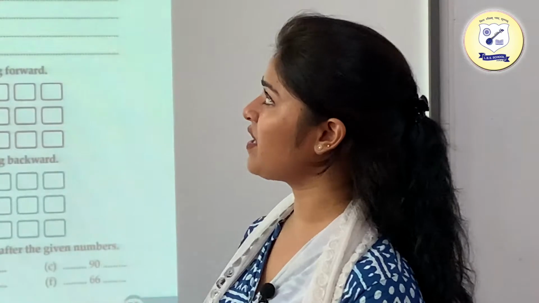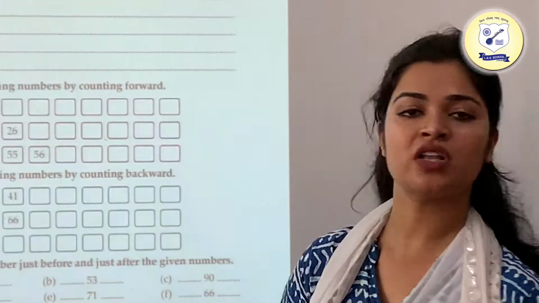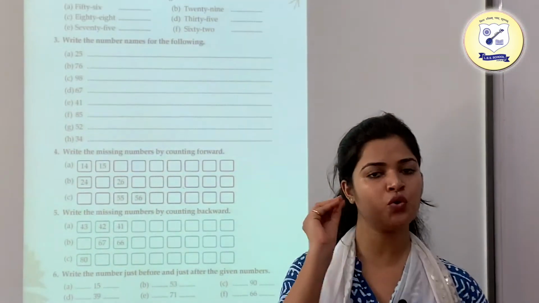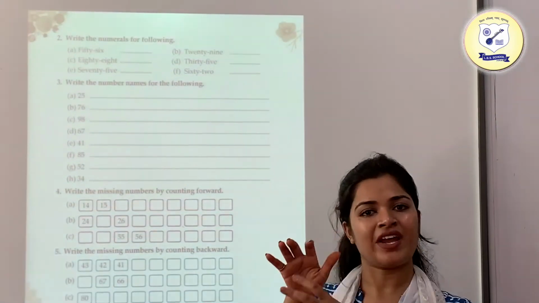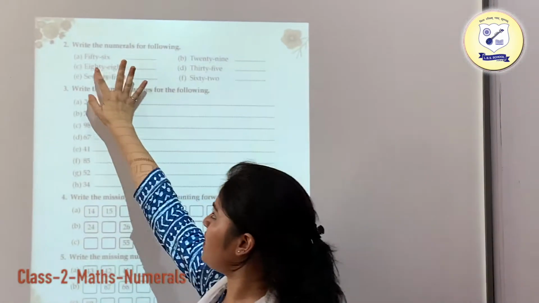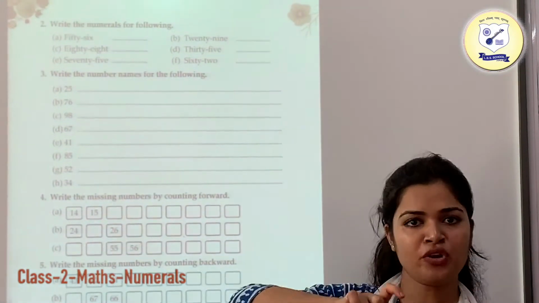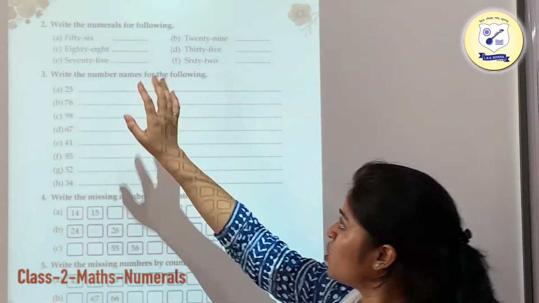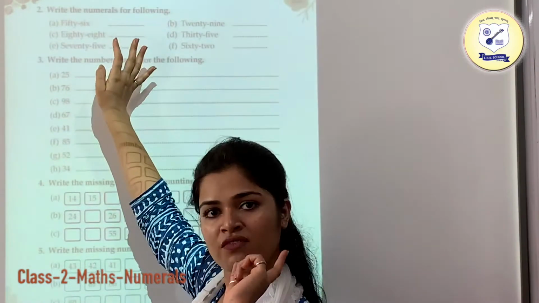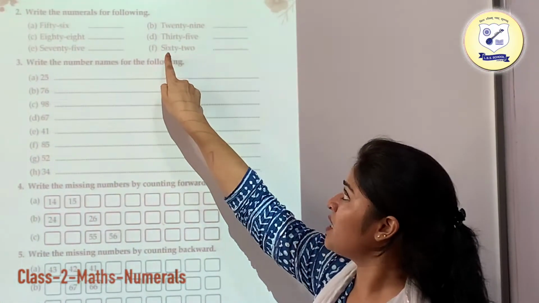Now we have the next question, which is to write the numerals for the following. You just need to look at the number name and write down the numeral for that. Like 56. For 56, what we should write is 5 and 6. So you should write the numbers in front of these number names. Similarly, 62.